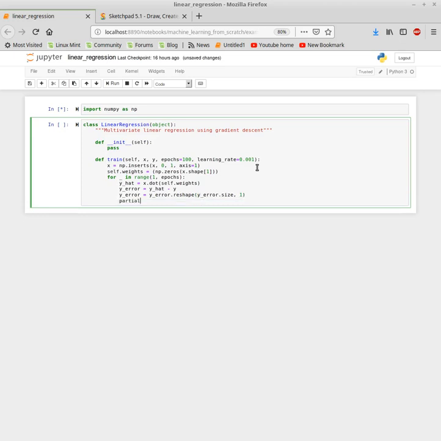Alright, so now we calculate the derivative term, which is 1 divided by 2, 1/2 times np.average y err times x, axis equal to 0.